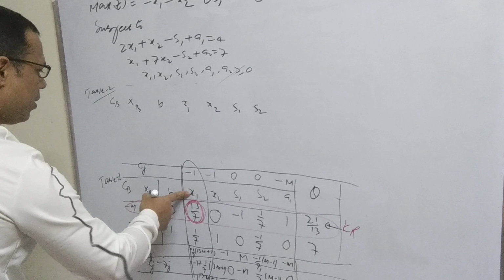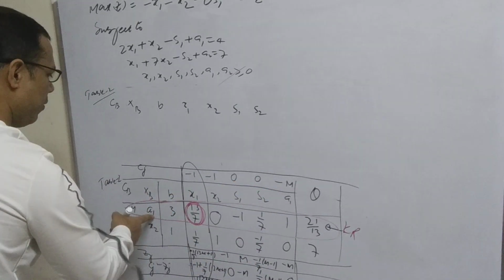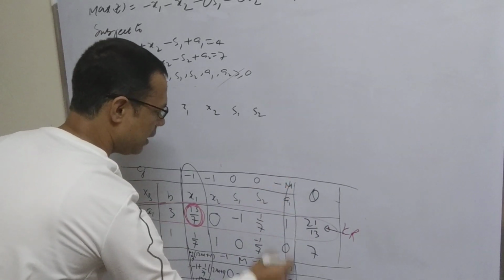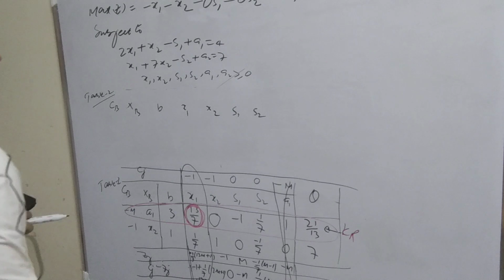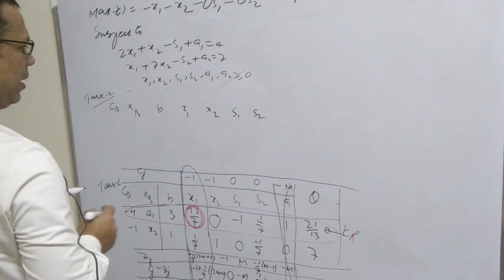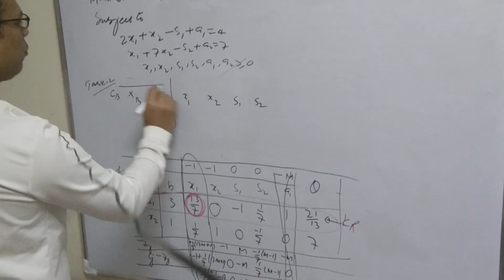X1 is going to enter into the basis, and this one A1 is going to leave the basis. Here this key row is going to show A1 is going to leave the basis. So now in this table we are going to remove this variable which is going to leave the basis. So no need to write it here in the new table. Now up to here we are going to write Cj.